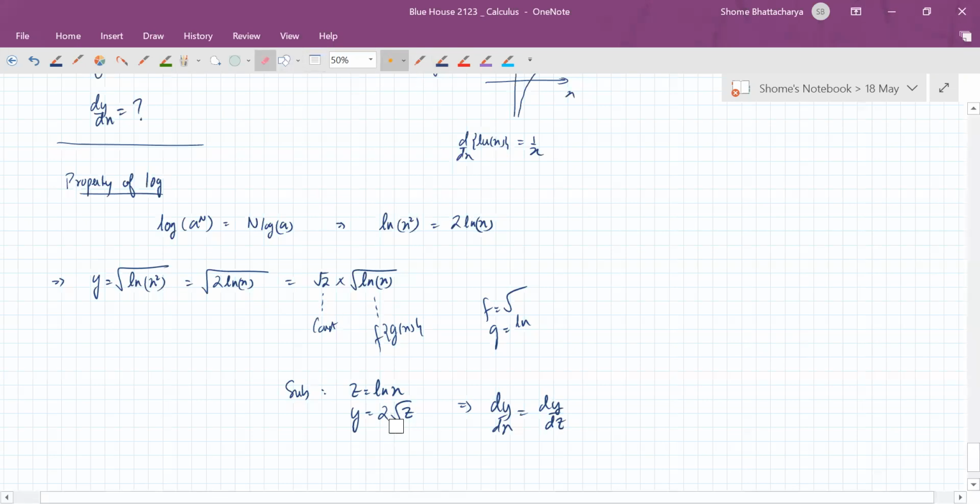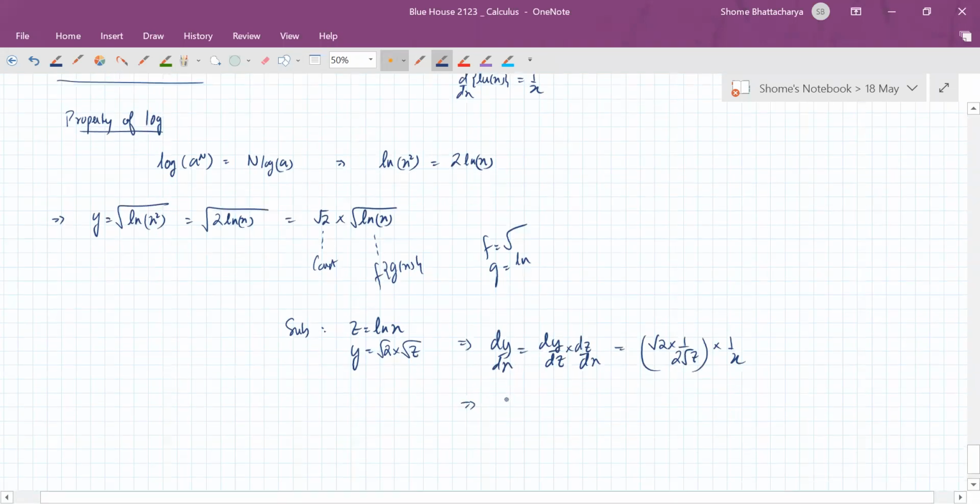My mistake. So this will become square root of 2 into 1 by 2 root z into dz by dx, which is differentiation of ln x.